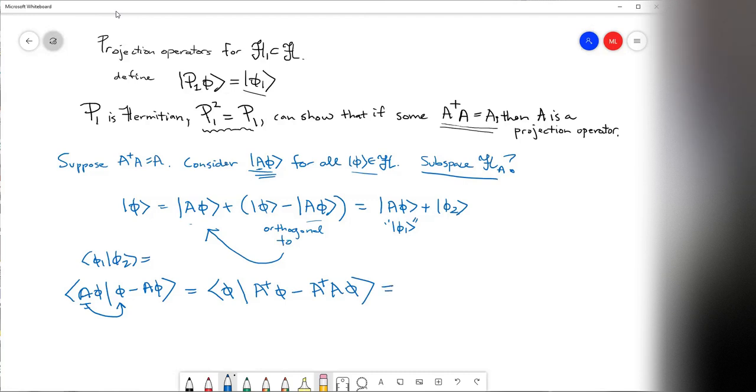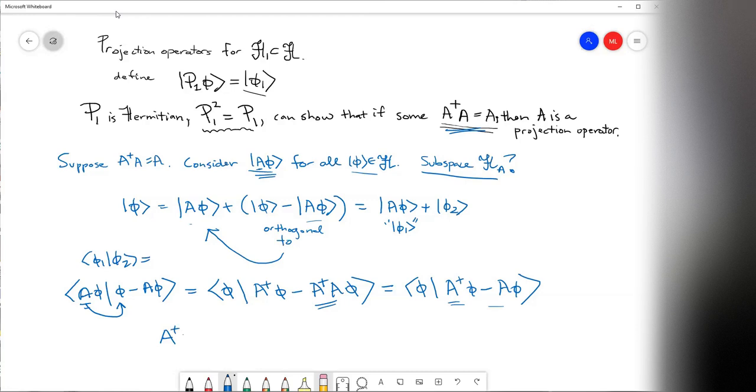We are now going to use this identity: phi, A dagger, phi minus A phi. Now we have to deal with this A dagger. Well, we can use the same identity.